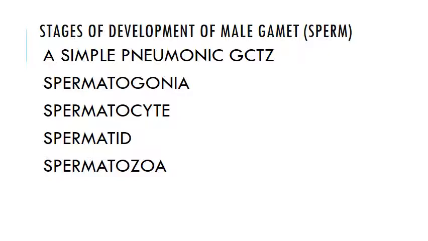GCTZ, that is spermatogonia, spermatocyte, spermatid and spermatozoa. So first there will be spermatogonia. This gives rise to spermatocyte, this again spermatid and spermatozoa. So this is the sequence of development.